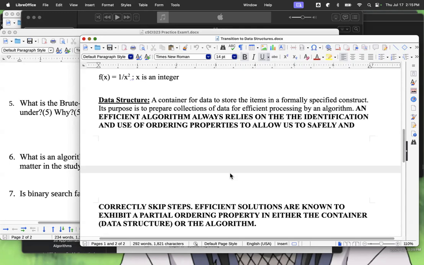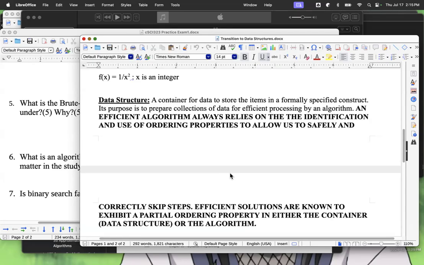So if everything on the left-hand side of the array is smaller than whatever item we're looking for, we can throw out that half, and then we do the same thing. We check the other side and jump into the middle to see, greater than, less than.